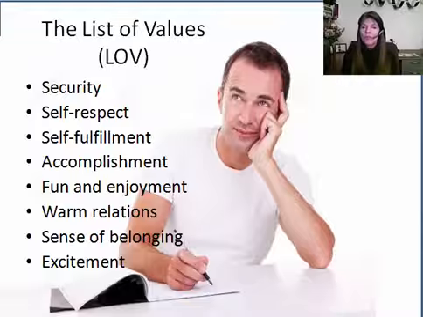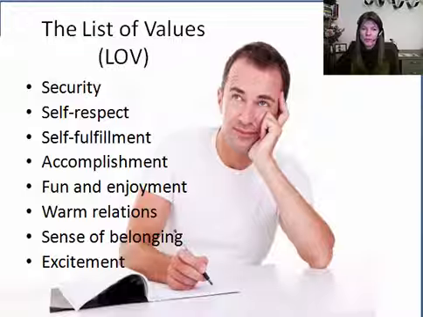Those who are most concerned with excitement were younger and preferred to read Rolling Stone magazine. By the way, the LOV here is actually easier to administer, and it seems to perform just as well as the VALS. However, the VALS is also a very popular value scale being used in consumer behavior and consumer psychology.